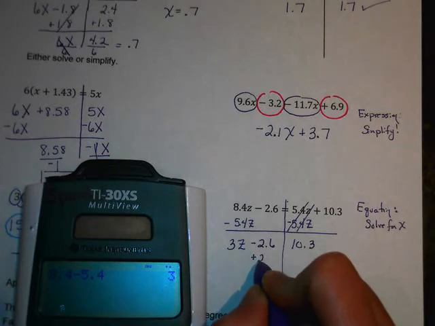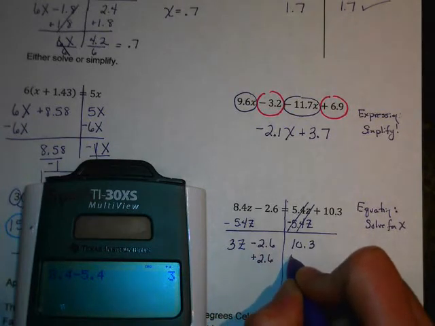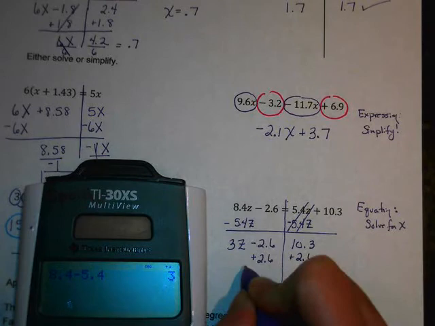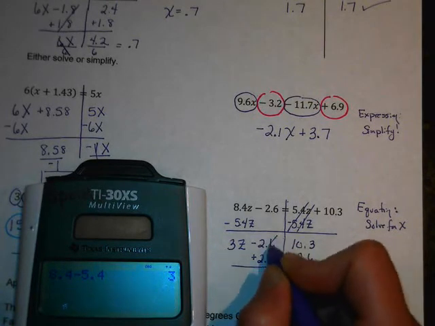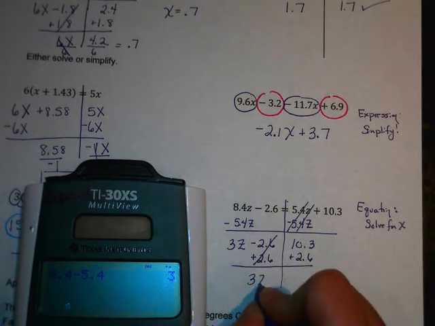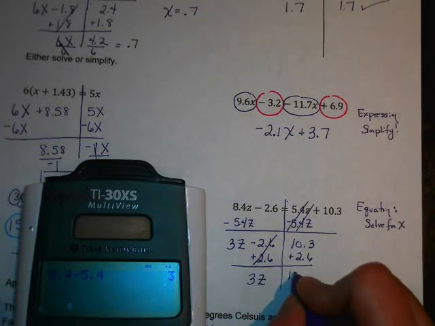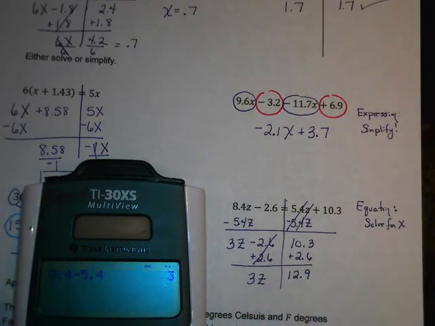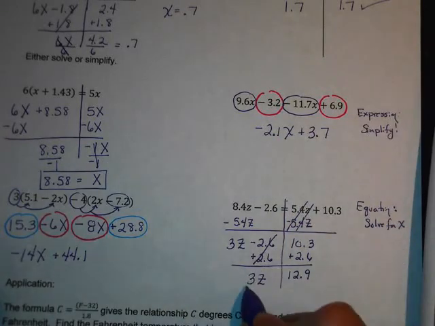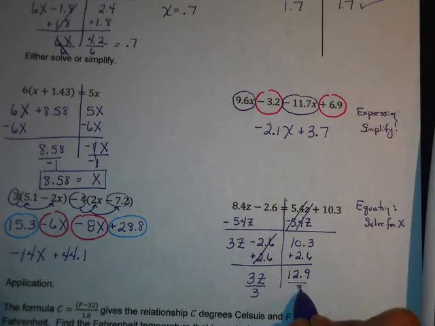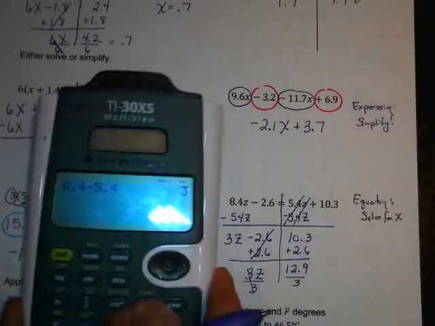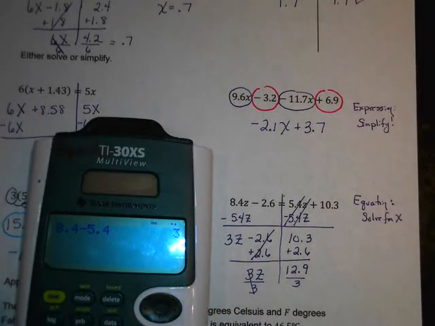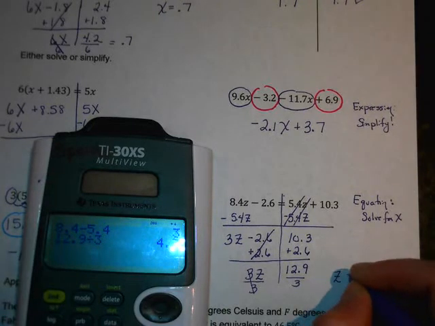To undo the negative, I'm going to add. Okay, so we'll have 3z equals 12.9. Right? And then the last step is to divide by 3. So we have 12.9 divided by 3, so that's going to give us z equals 4.3.